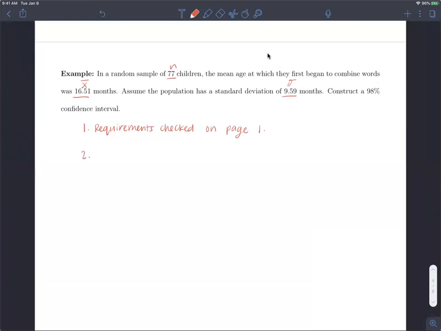The second thing was to figure out your variables, and I've already written it down up here, but let's write it down here. So N is equal to 77, X bar is equal to 16.51, and sigma is equal to 9.59.